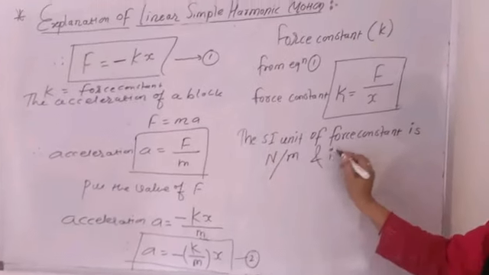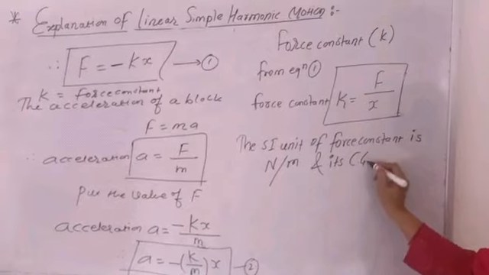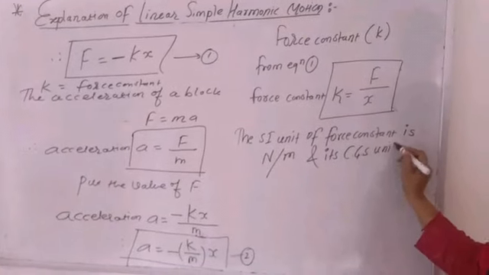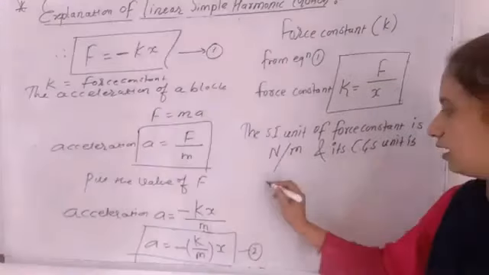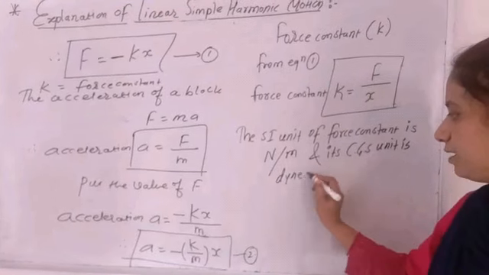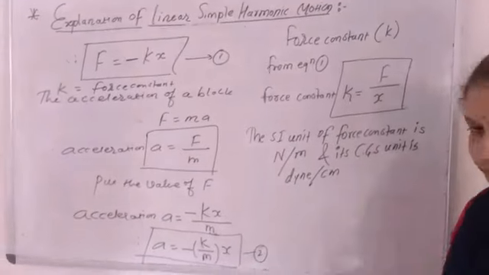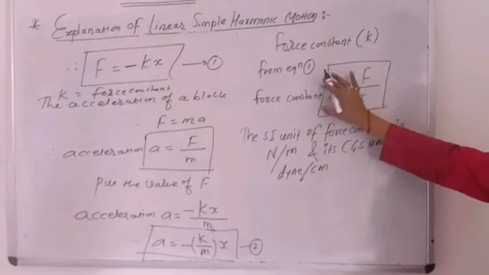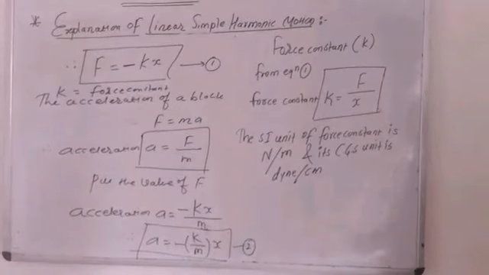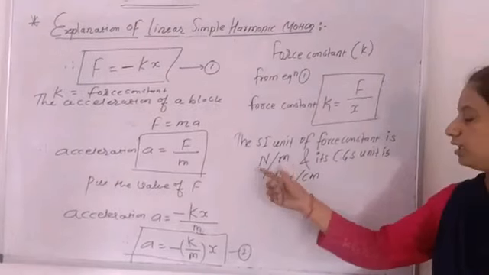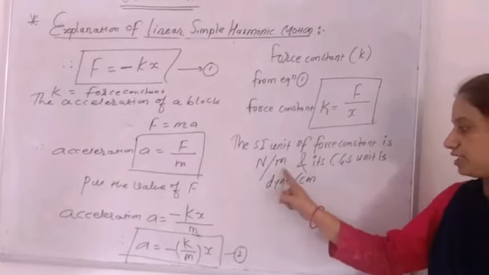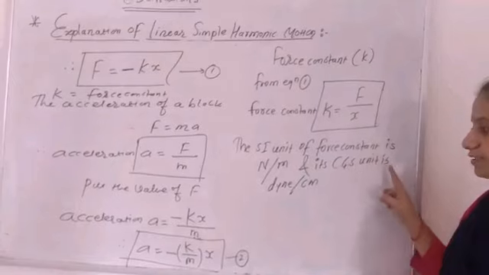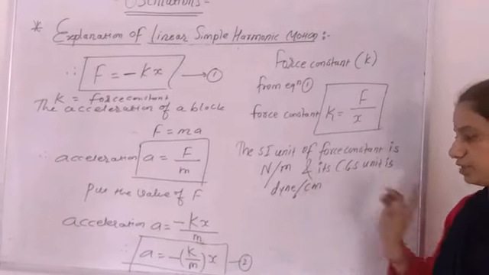Its CGS unit is dyne per centimeter. Now we can calculate the dimensions of the force constant. This is the SI unit, Newton per meter, and the CGS unit is dyne per centimeter.